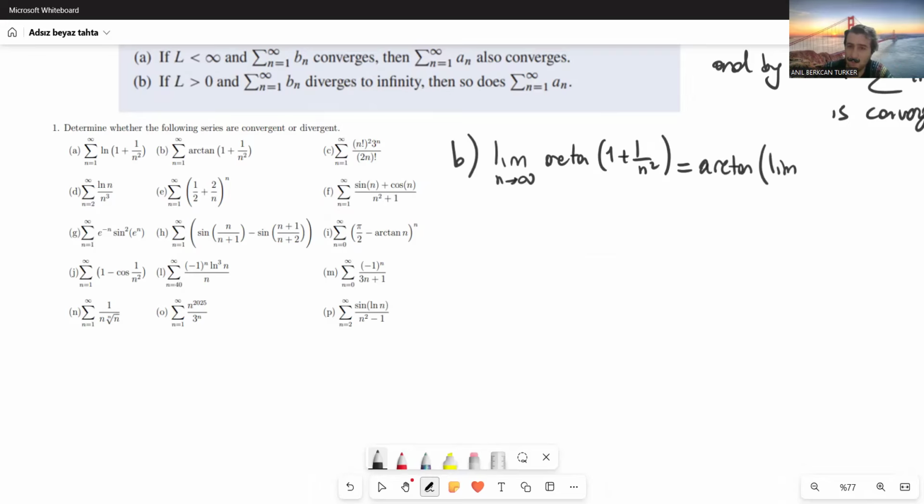It is 1, which is not equal to 0. So it is divergent by the n-term test.